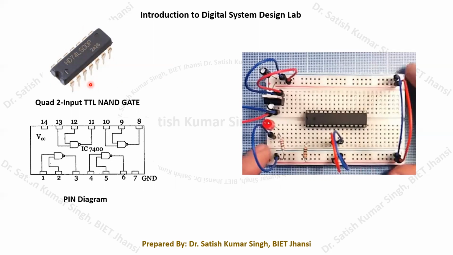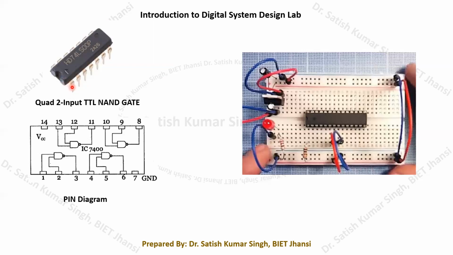For example, in this particular IC, at the top you will find a groove cut into the surface. Once we have this groove on the surface, here we have the first pin and then the second pin. So we need to start numbering from this side. You have to remember that we have to start counting our pins from this side.